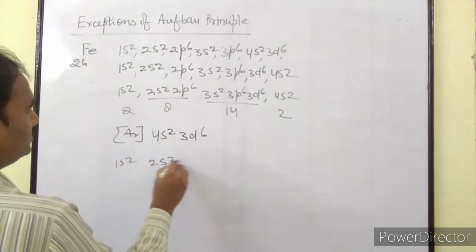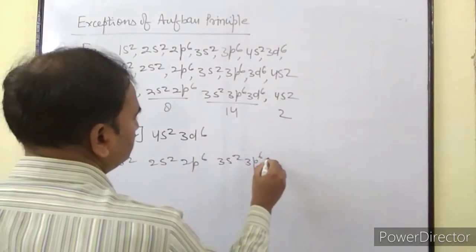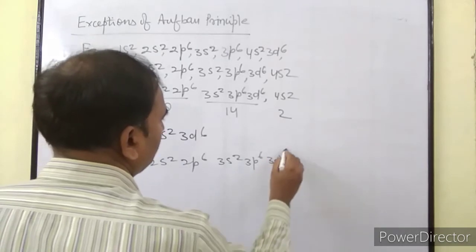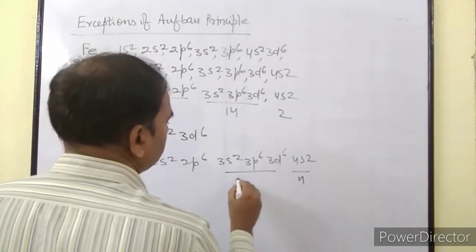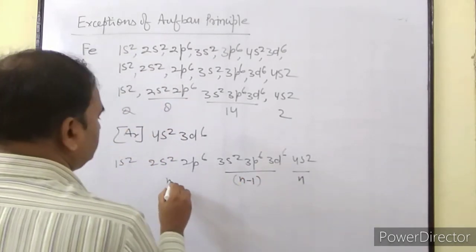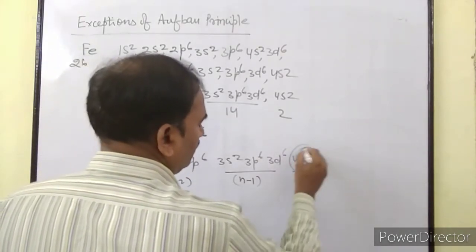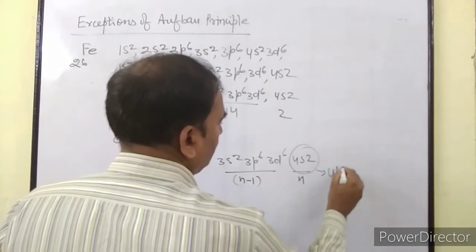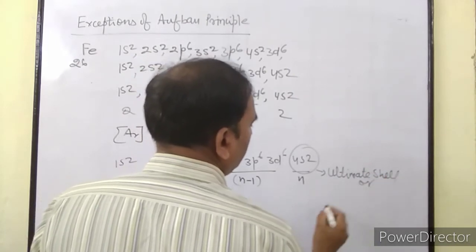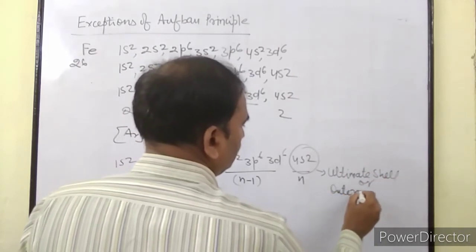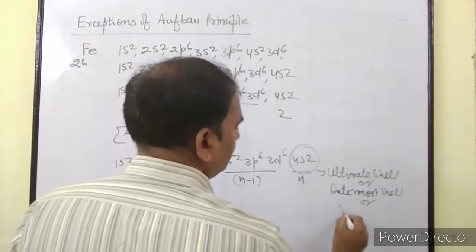Another method is 1s2, 2s2, 2p6, 3s2, 3p6, 3d6, 4s2. This is n, this is n minus 1, this is n minus 2. This orbit is known as ultimate cell or outermost cell or valence cell.